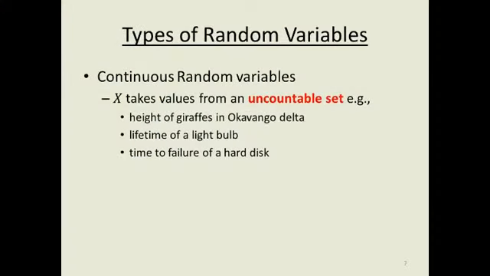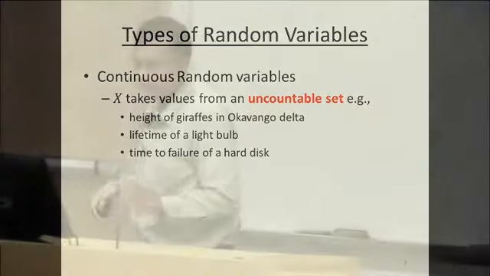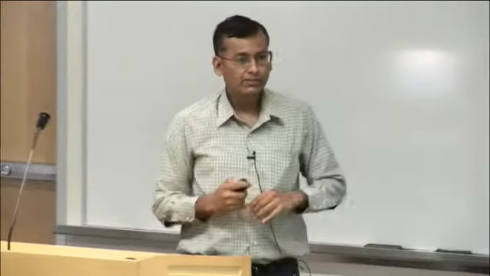The other type of random variable, it's not that it is indiscrete, it is just that it is continuous. So here the random variable takes values from an uncountable set. For example, if I ask, what are all the heights of some animals in a given region?